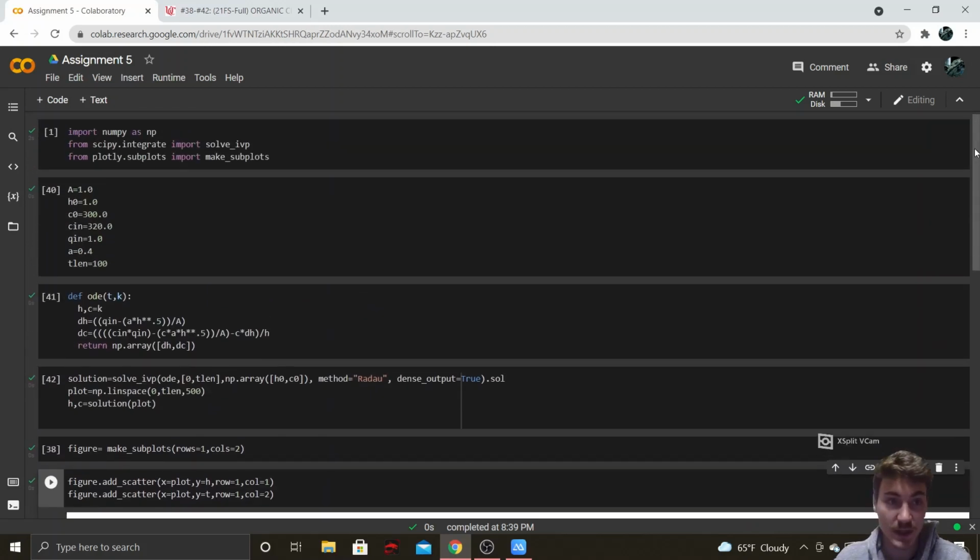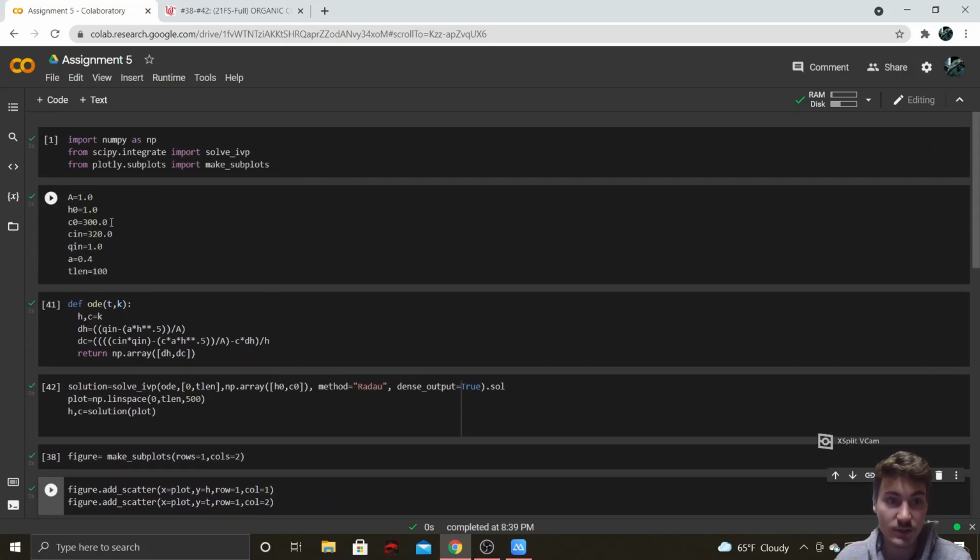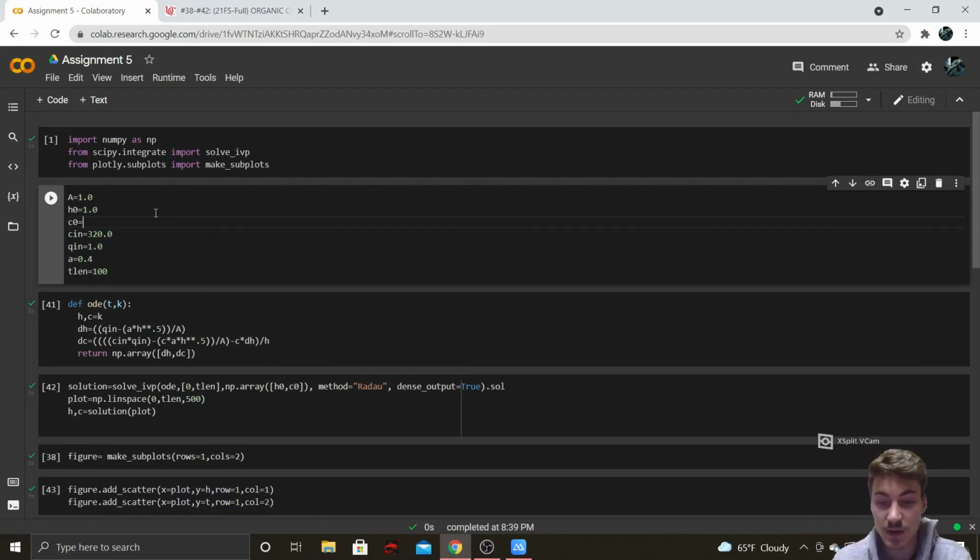What I was going to do is we can say the initial concentration is something like, okay, we have 1 molar of whatever in there. And then, oh, that should still be 1. And then the concentration going in, we can say is 4 molar.